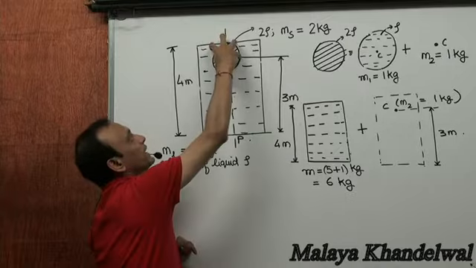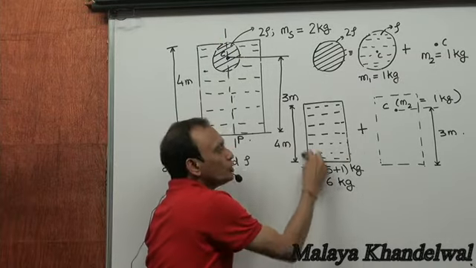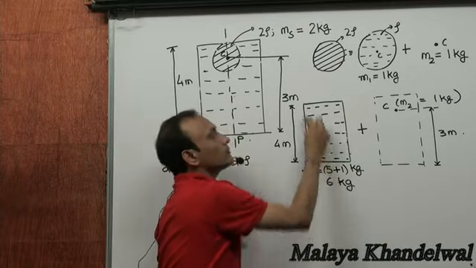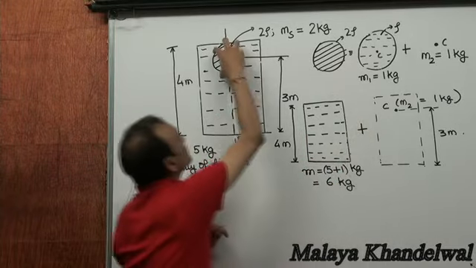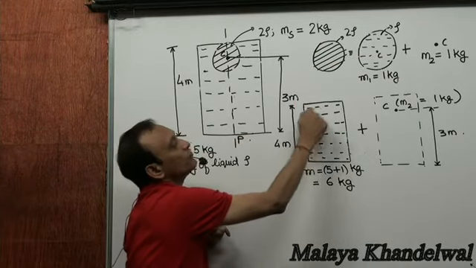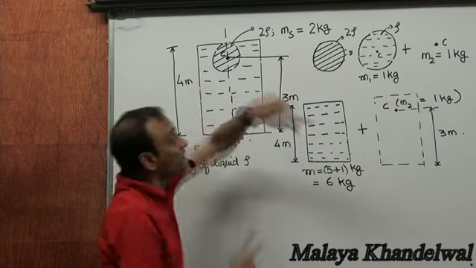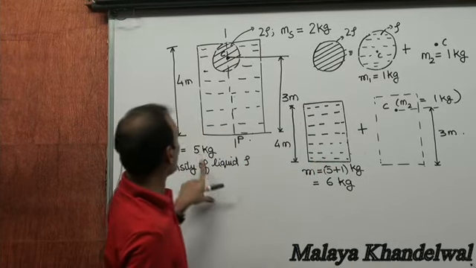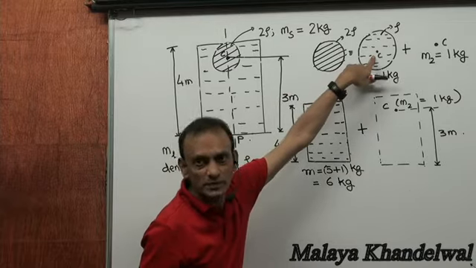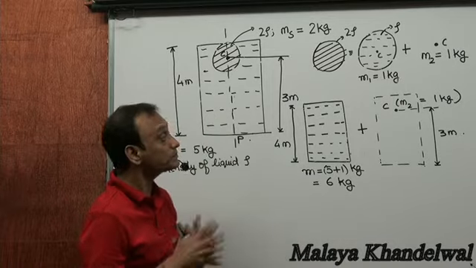Now, what I then do is, this part I take and plug it here, which gives me a uniform liquid. This entire tank, right? If this portion is replaced by this, then this entire tank would be a liquid of density rho, and the mass of the liquid now would not be 5 kgs, but 5 kgs plus another 1 kg, that makes it 6 kgs, right?